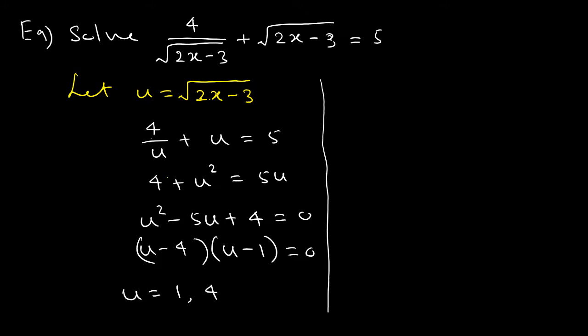So the square root of 2x minus 3 equals 1. That's the first one, so you square: 2x minus 3 equals 1. Bring 3 to the other side, 4 divided by 2, so x equals 2. We still don't know whether that's a solution.